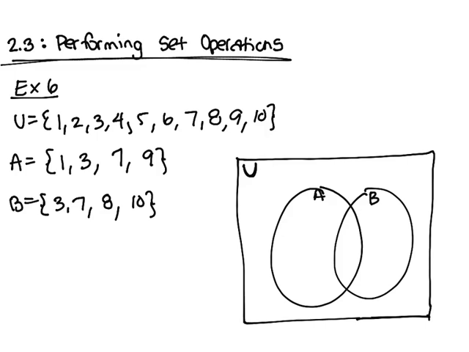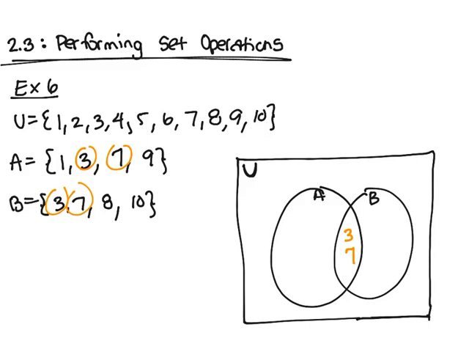Y'all see that? What numbers do y'all see shared? 3 and what, 7? Okay. So off the top, can I put 3 and 7 in that middle portion of my Venn? What I mean by the middle, where the 2 circles overlap, I'm going to put that 3 and 7, because you said that they're in both A and B, right?